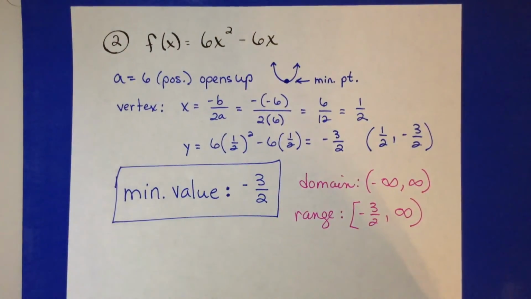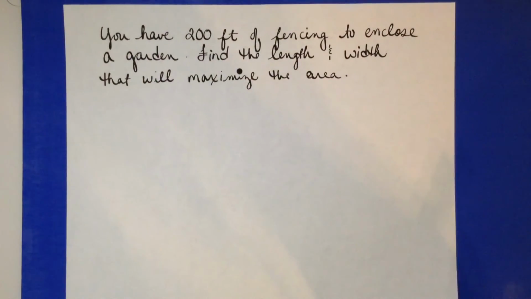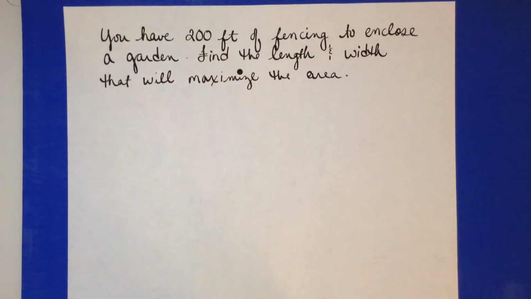All right, one last thing. We've got us a word problem here to look at. All right, you have 200 feet of fencing to enclose a garden. Okay, so that's in reference to 200 feet as far as perimeter, because you're enclosing the garden.